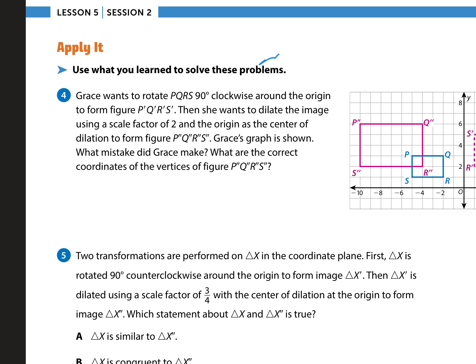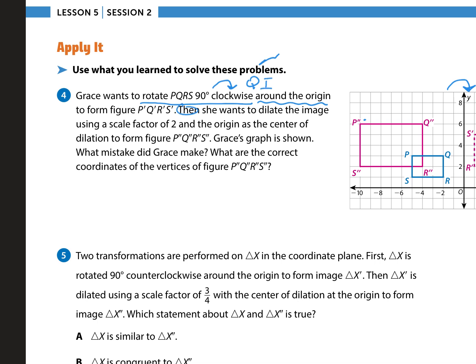So we have Grace. She wants to rotate 90 degrees clockwise around the origin. So clockwise is this way. She's here in quadrant 2, so 90 degrees clockwise will put her in quadrant 1.